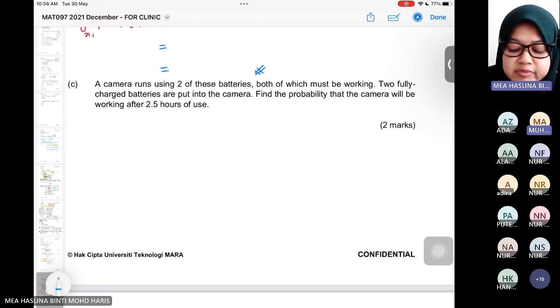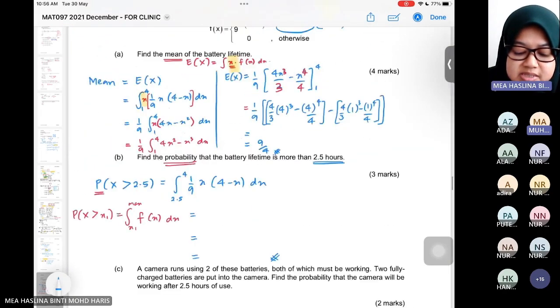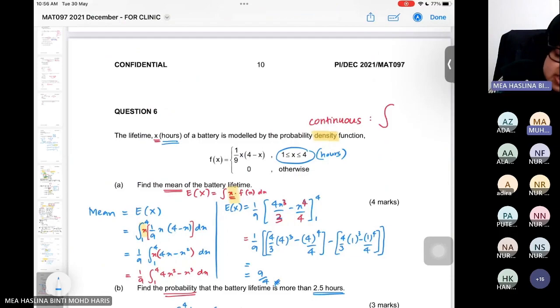Is it the same random variable we are talking about for C, as for part A and B just now? What is our X? I forgot to mention this. Time in hours, right?